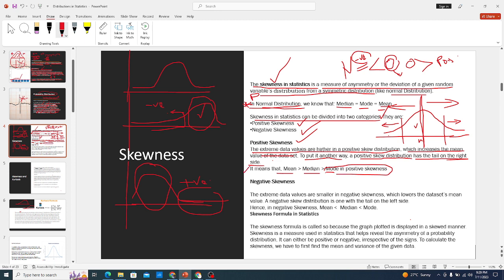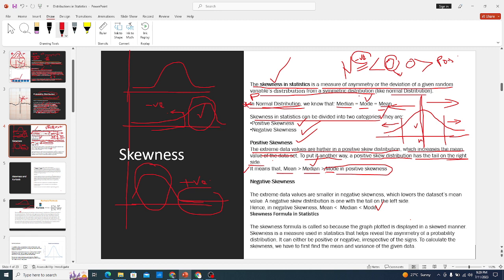These are some of the properties of skewness. Like for example, you may be asked in the test which of the below properties indicate a normal distribution, and you are given three options.